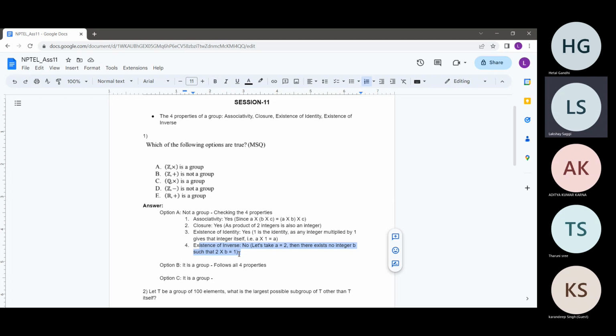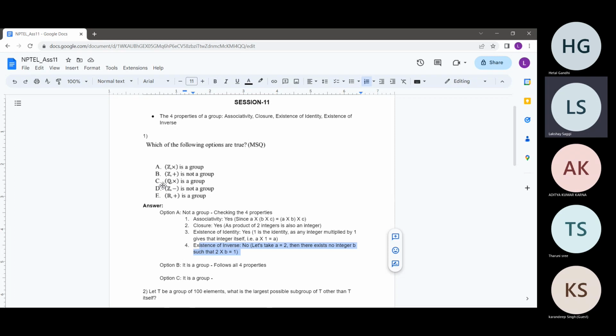So for any rational number p by q, there will exist its inverse, which will be actually q by p, right? I hope you guys understand what I'm trying to say. So there will exist, I think, inverse.